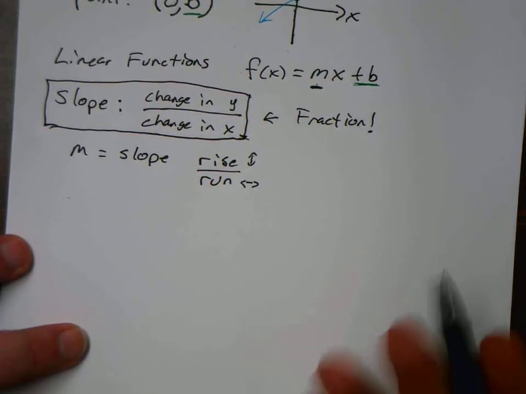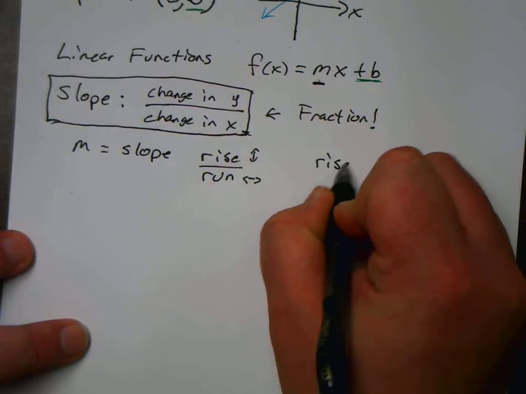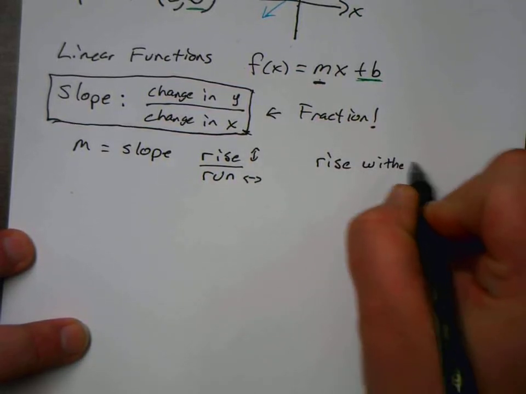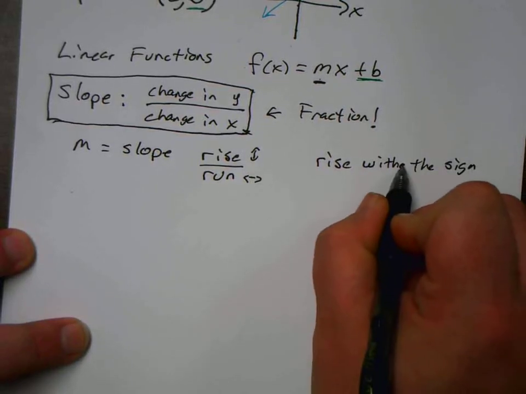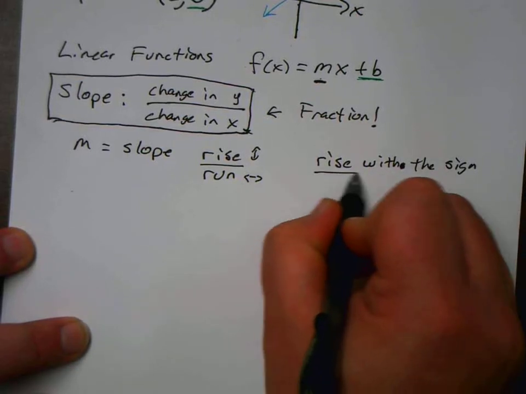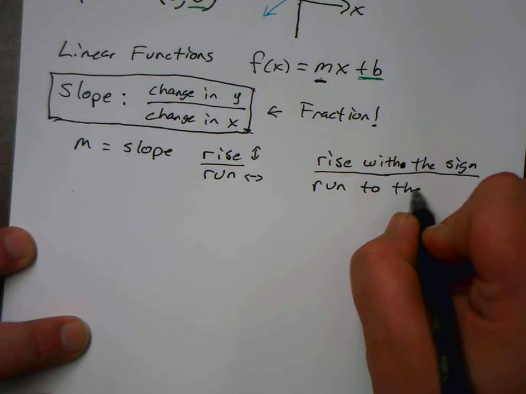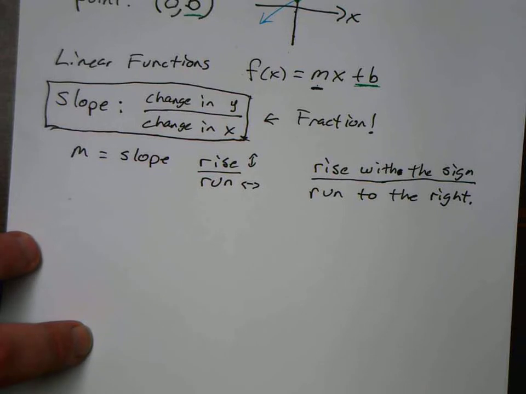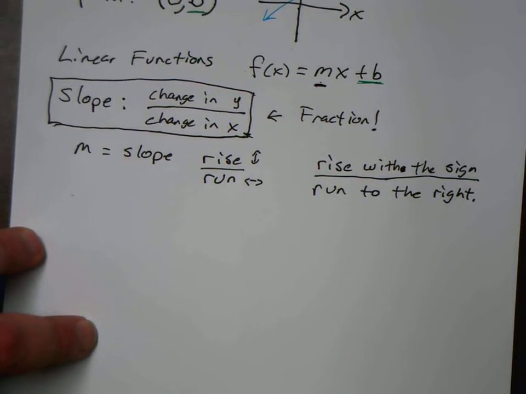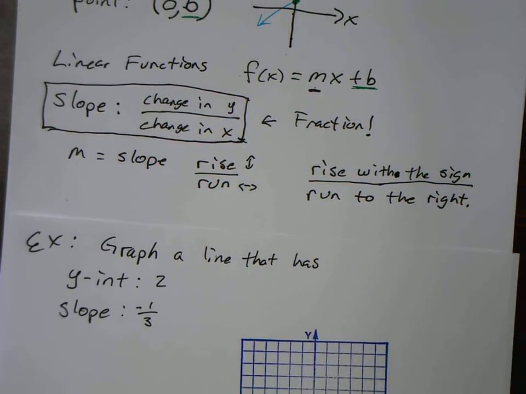Whether things are positive or negative, I'm going to rise with the sign and run to the right. So we're going to rise with the sign and run to the right. So let's take a look. How can we graph if all we're given is a y-intercept and a slope?